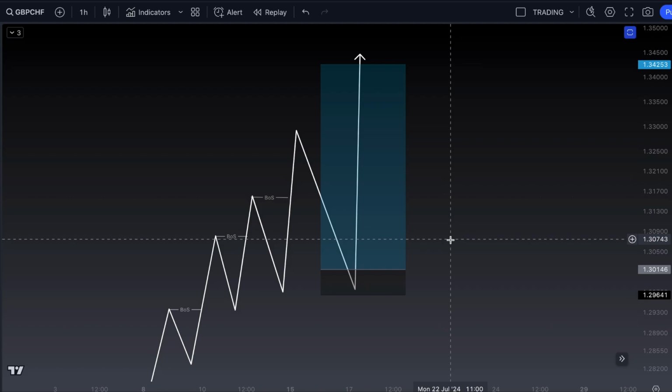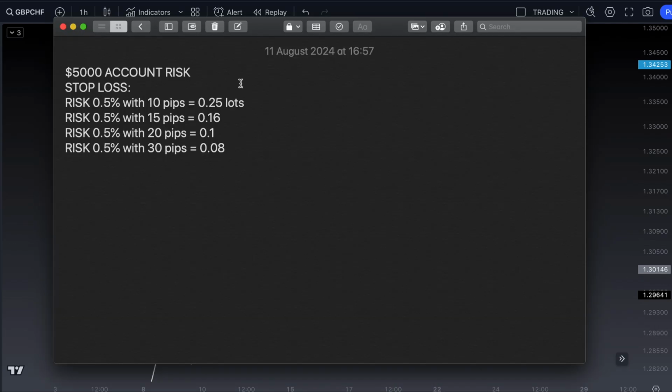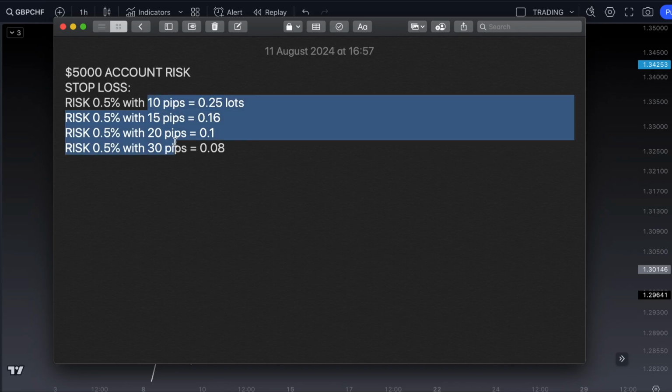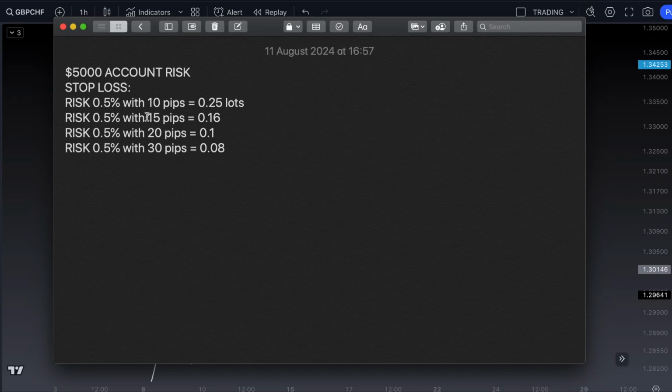So just another little thing that I do, I only give myself 3 or 4 different lot sizes to trade from, and that will be based on the pips I need for a stop loss. So for a 5k account, to risk 0.5% with a 10 pip stop loss, I would need to use 0.25 lots.